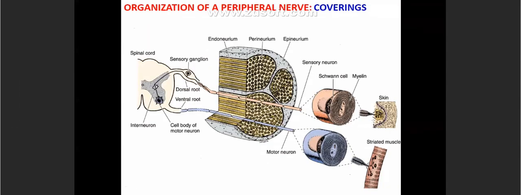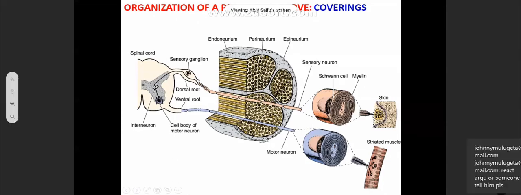This is a more elaborate covering. Just take this motor neuron or this sensory neuron. You see, it's contained inside a given fasciculus. It's an axon or a nerve fiber. A given fasciculus or bundle of axons is protected by perineurium.